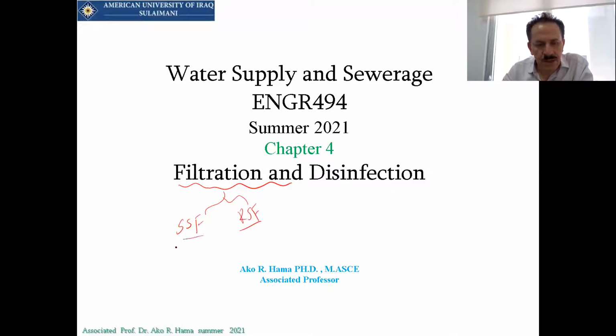The filtration rate for the slow one is less than 8 meter cube per day per meter square, and for rapid it is from 60 to 120, I think, meter cube per meter square per day.